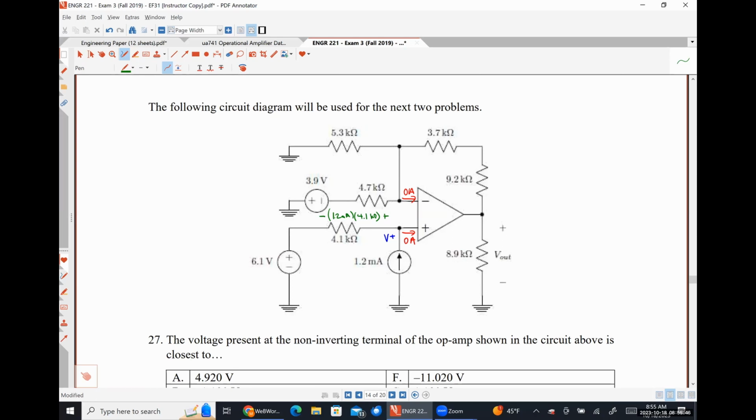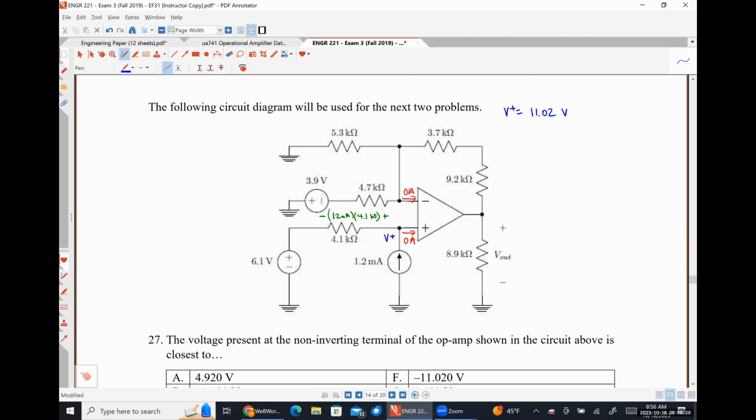Because it isn't just going to be that current times that resistance. 6.1 plus... they're of the same polarity, right? Okay, so V plus is 11.02 volts. Okay. So 6.1 plus 4.1K times 0.012.